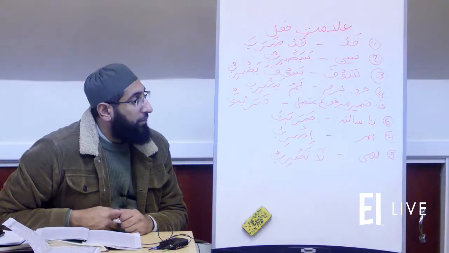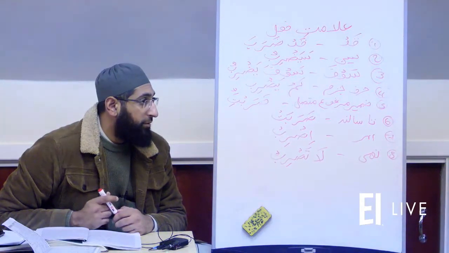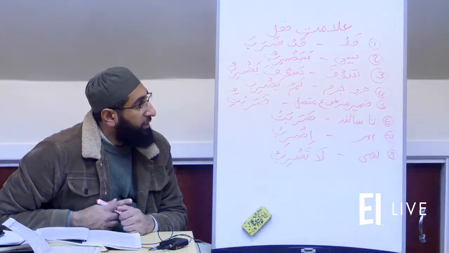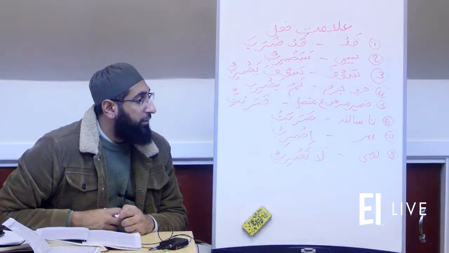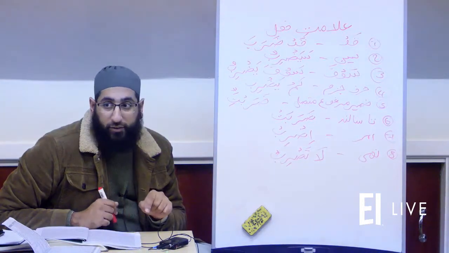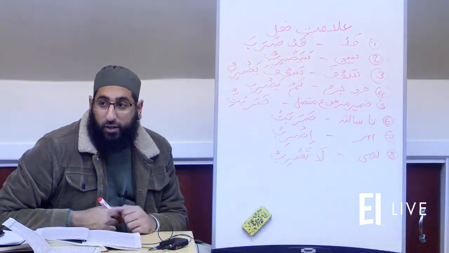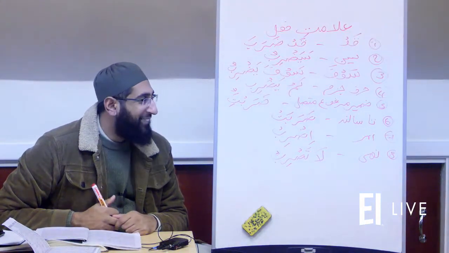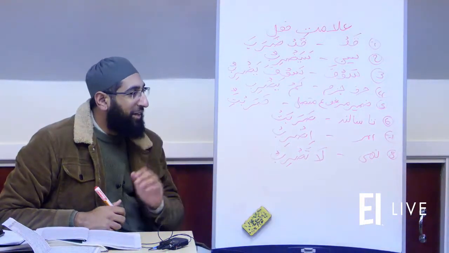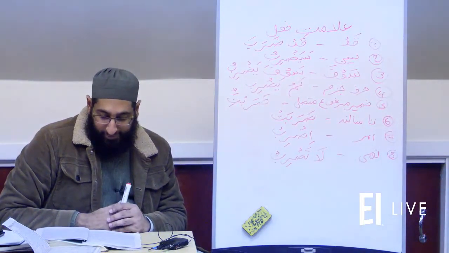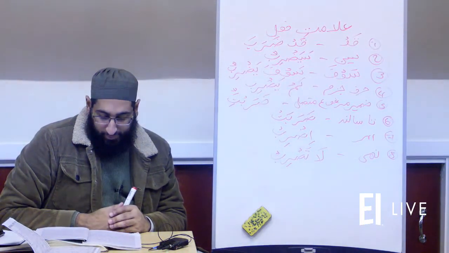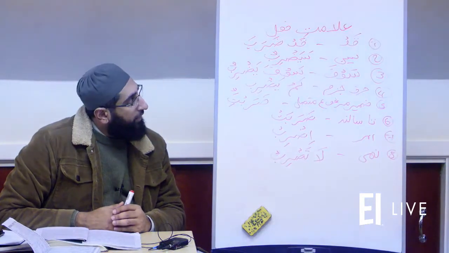Okay. Now the signs of harf. The signs of harf are simple. If you don't find a sign of ism or a sign of fail, then it's a harf. There you go. Simple. Anything but them is a harf. So I'll leave you to learn them.